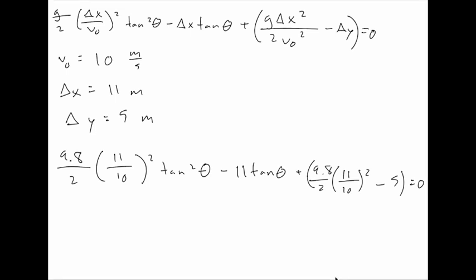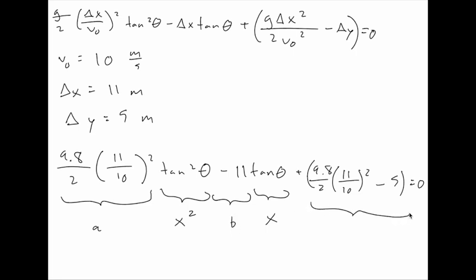So then you would want to treat this as maybe x squared, and this is x, right? So then what does that look like? That looks like A, this looks like B, and then this looks like C, right?